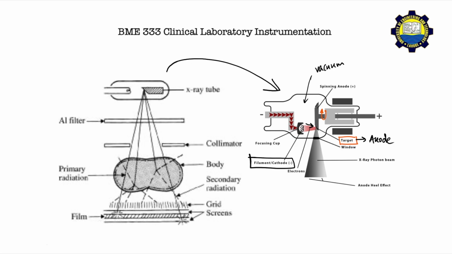Even with the glass envelope, there's still a possibility that some X-ray photons could scatter away from this chamber into the atmosphere. So the lead housing is going to absorb those scattered X-ray photons, and prevent them from leaking into the atmosphere and exposing the operator or the subject.